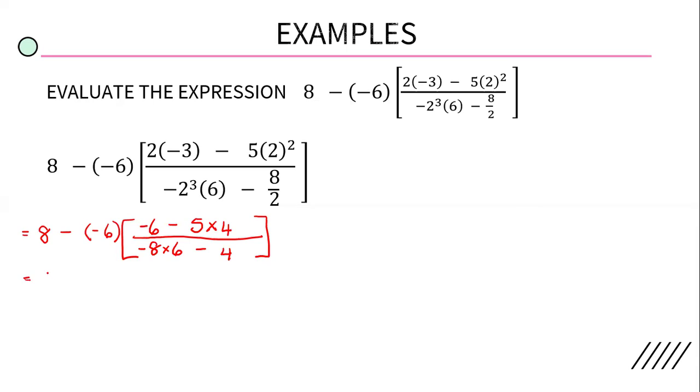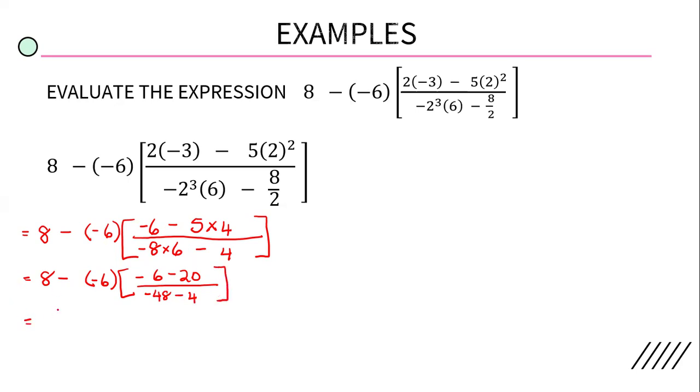This is equal to 8, subtracting negative 6. We have negative 6 in the numerator, negative 5 times 4, giving us negative 20, divided by negative 8 times 6, giving us negative 48, subtracting 4.